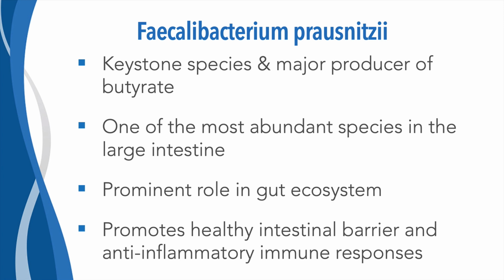Fusobacterium prausnitzii is also one of the most abundant species in the large intestine, and it has a prominent role in the gut ecosystem, not only in producing butyrate, but also in producing other factors that help support the gut ecosystem. Most importantly with regard to health, it's known to promote a healthy intestinal barrier, as well as anti-inflammatory immune responses, particularly by stimulating what are known as regulatory T cells.